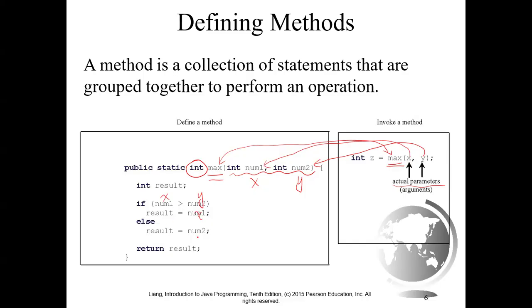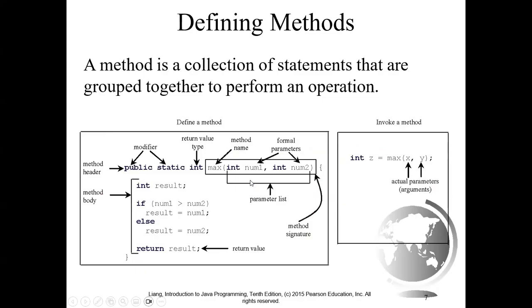And here it's the same, because when executing, the actual parameters will take the place of the original number 1 and number 2 in the method. Then we will introduce the keywords in the method. The method header is the first line. So public static, they are the modifiers.